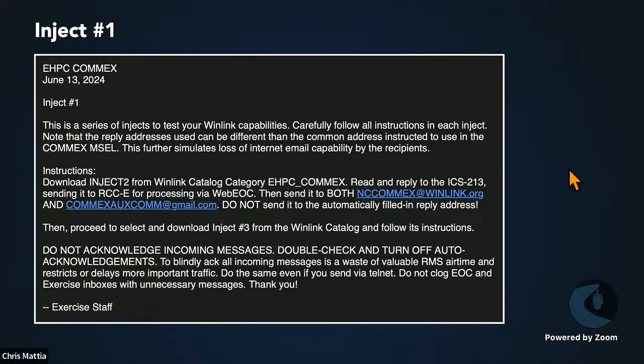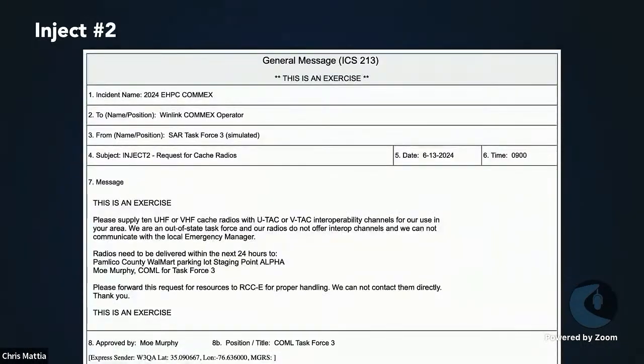What it's telling me I had to go out and do was, okay, now that you've got inject number 1, go to the catalog and request inject number 2. And here it is. Basically, it's saying that they don't have contact with who this needs to go to, so they want me or the individual to create an ICS 213 in Winlink.